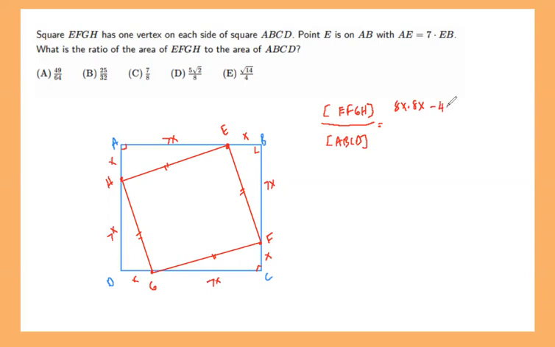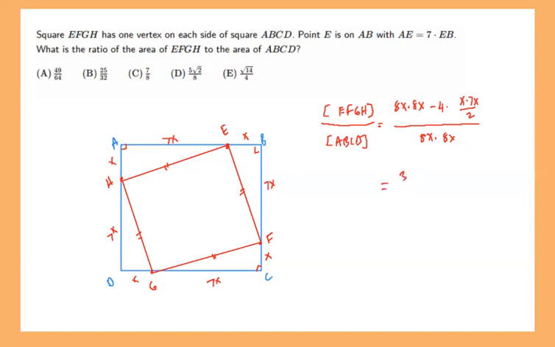I can just subtract 4 times one of these, which will be x times 7x over 2. That is subtracted from the area of the largest square to find the smaller one, and divided by 8x times 8x. Again, to make it easier, you can just replace x with 1, as I said before. That will be much easier.